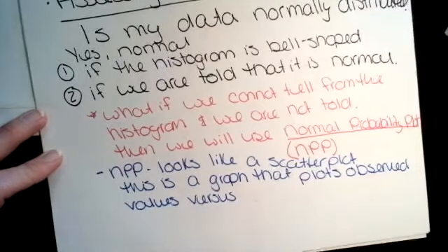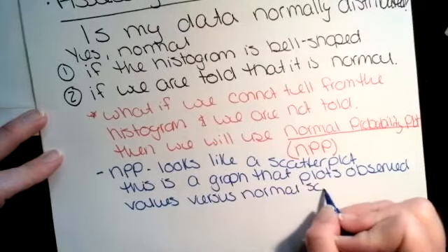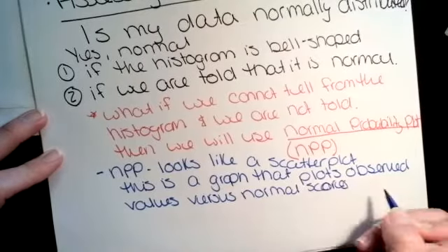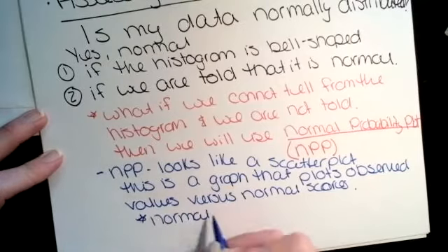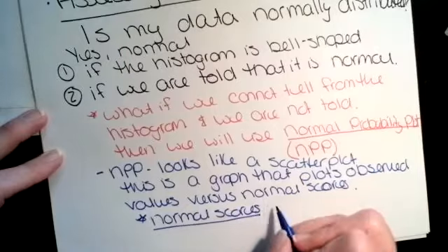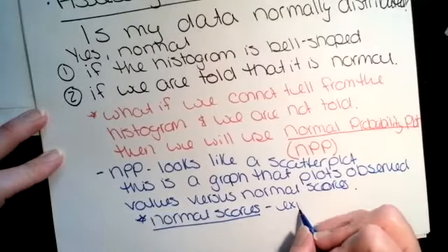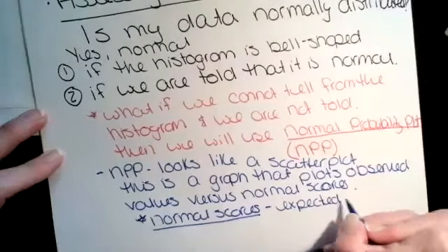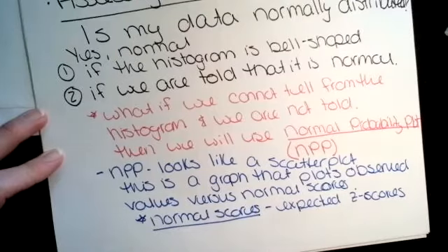This is why it's like a scatter plot. Now what the heck does that mean? Normal scores are just what I expect to get. These are expected z-scores based on our data that we have already.